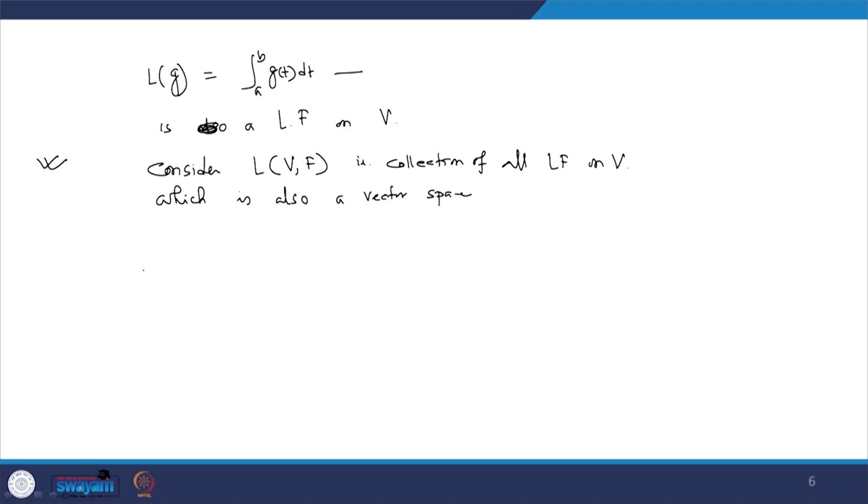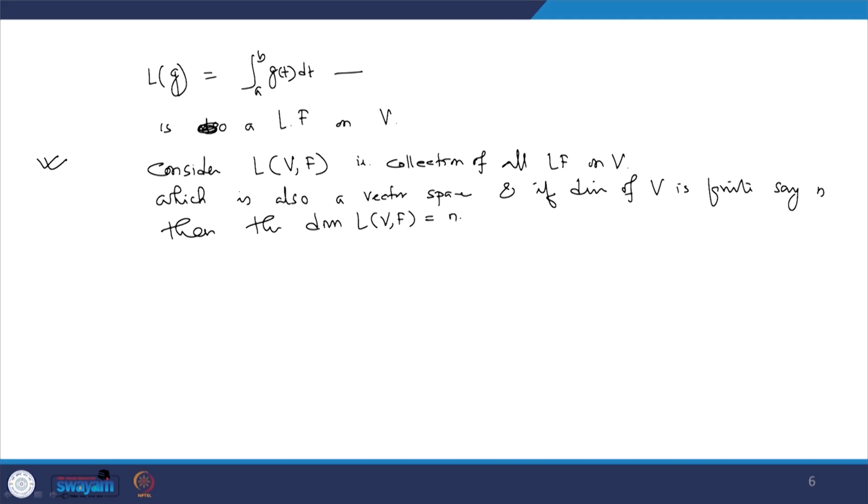And if the dimension of capital V is finite, say n, then the dimension of L(V, F) is also equal to n into 1, equal to n.